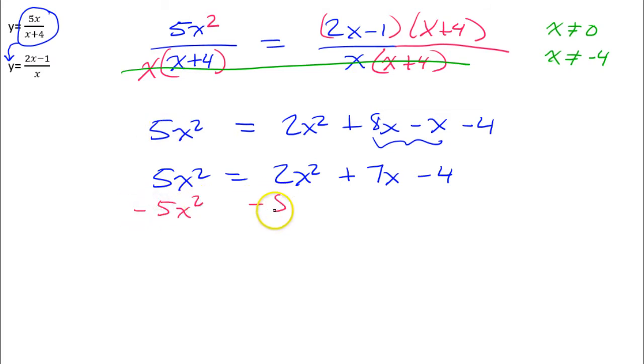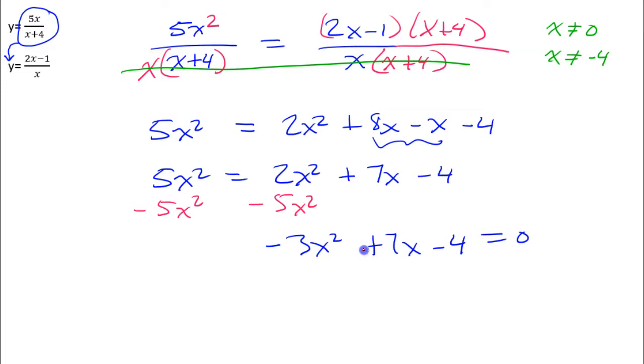So I will go ahead and subtract 5x squared from both sides. That's going to give me 0 is equal to negative 3x squared plus 7x minus 4. Hope you don't mind if I put this 0 on the right hand side. Just makes me feel better.